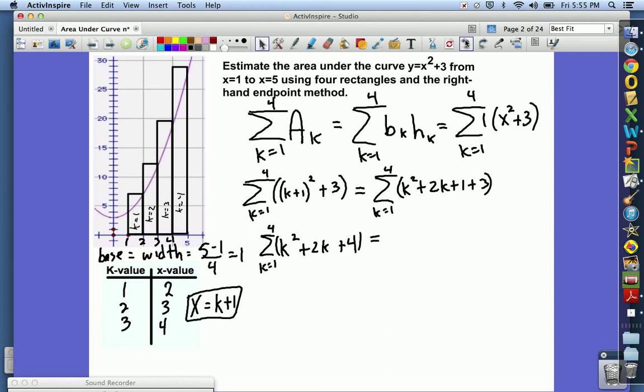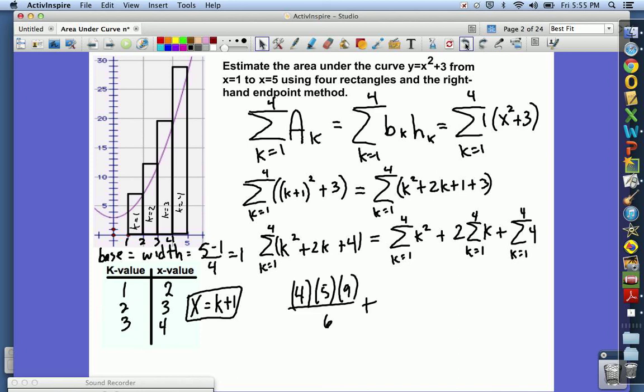At this point we are ready to break apart the expression into each individual sigma. So we have sigma k squared, sigma k, but we can factor the 2 out in front of that, and the sigma 4, which is sigma of a constant. Applying each formula: k squared gives n times (n plus 1) times (2n plus 1) divided by 6. The 2 times k gives 2 times n times (n plus 1) divided by 2.